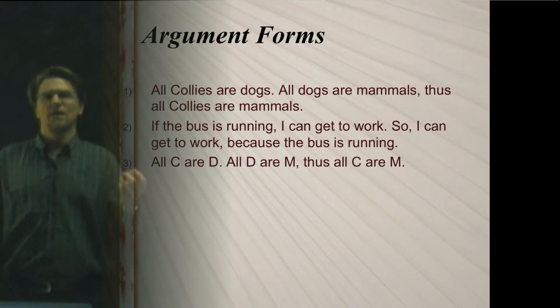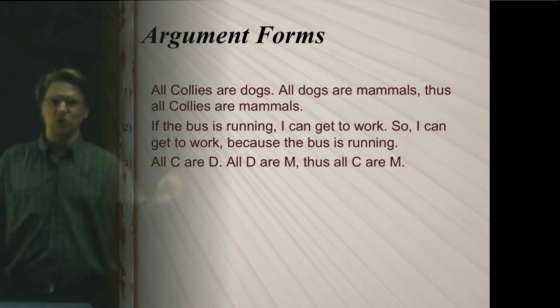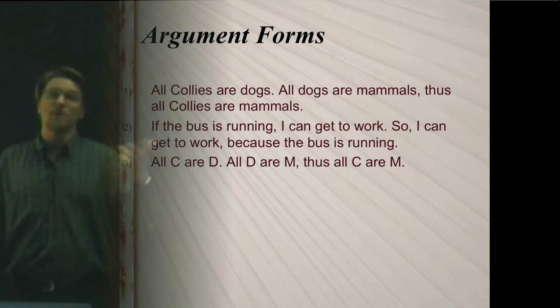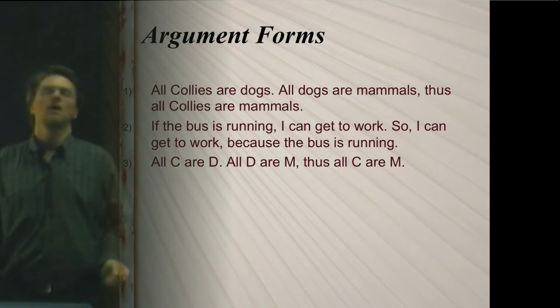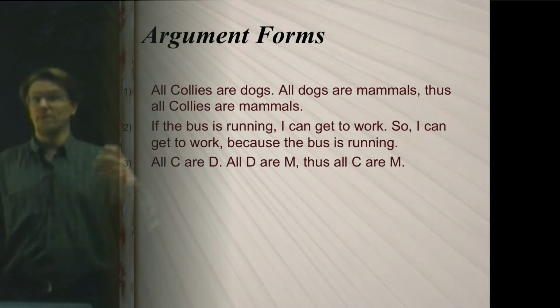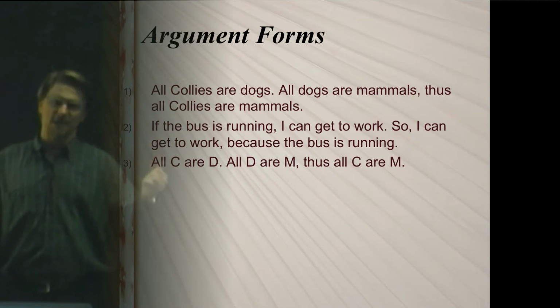In other words, it's not usually true, in any real-world example, that if the bus is running, I can get to work, because the bus might be running, but perhaps there's a collision blocking traffic, or maybe you're sick, so you can't get to work for that reason. So it's not actually true in reality, which would mean it would be valid but unsound. All right.